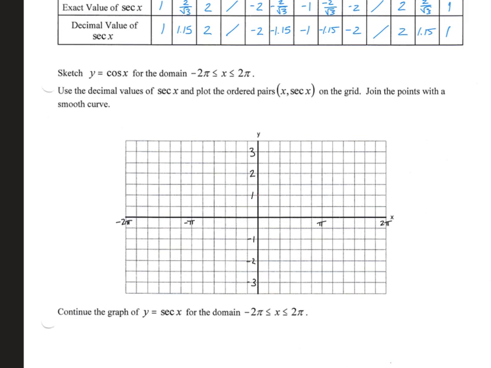So we know that our cos curve starts at the top and falls. Connect with a smooth curve. A little wobbly there. And there we go. There is our cos graph. And so for us then to produce our cosecant, or sorry, our secant, we would now have these values. We know what those slashes mean, or more importantly, what those undefineds mean.